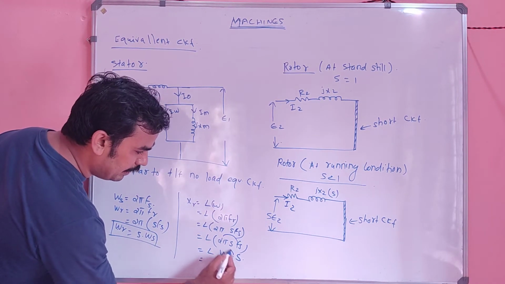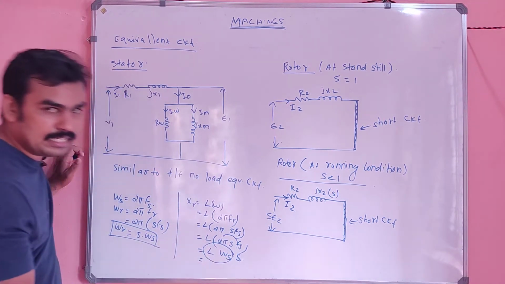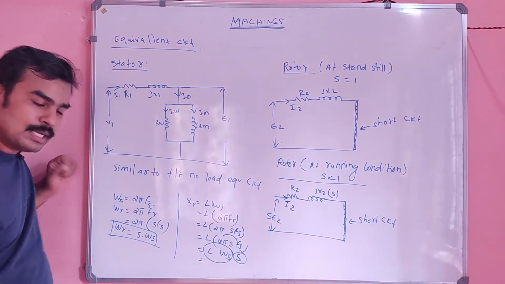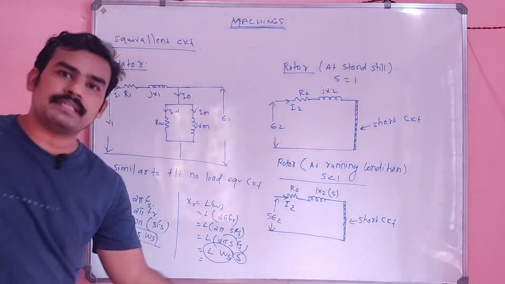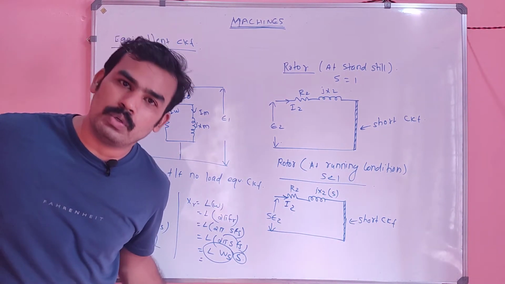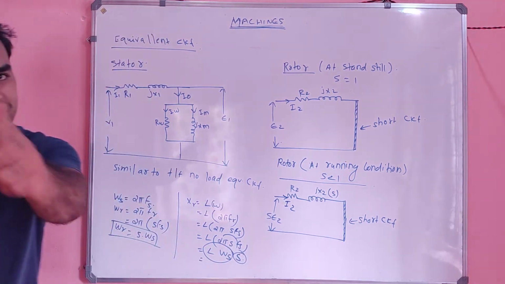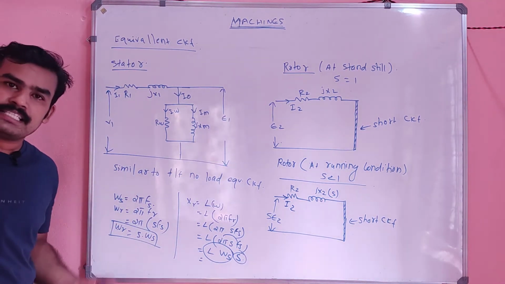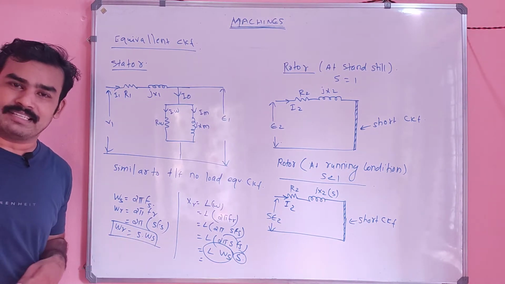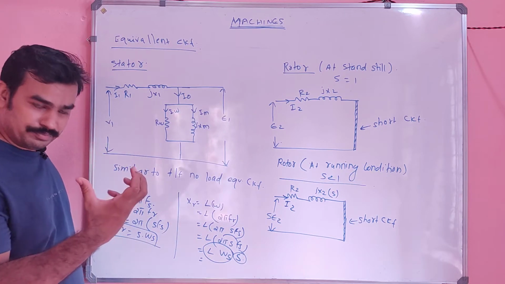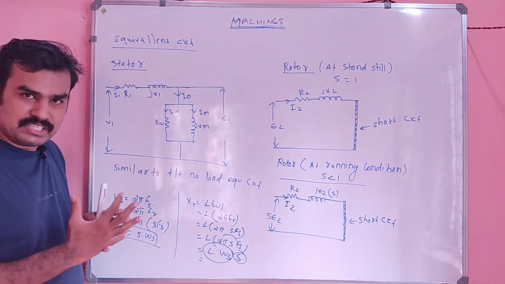So XR will be L omega, the normal reactance, into S. So if you introduce slip, it will directly affect the rotor reactance, not the resistance, because there are no terms in the resistance associated with the frequency. So in the rotor, reactance is the only term which is affected by the frequency change.